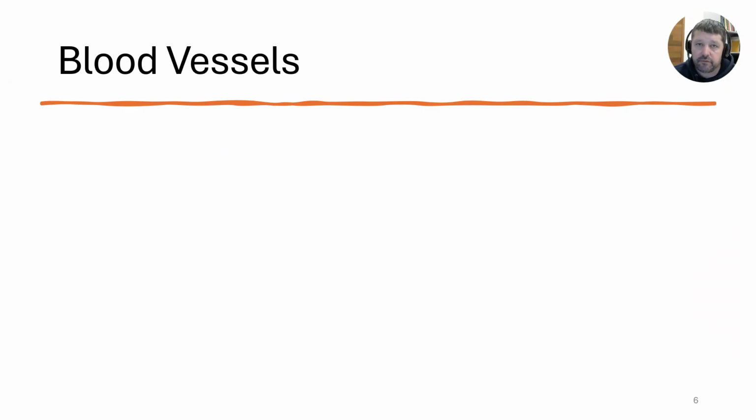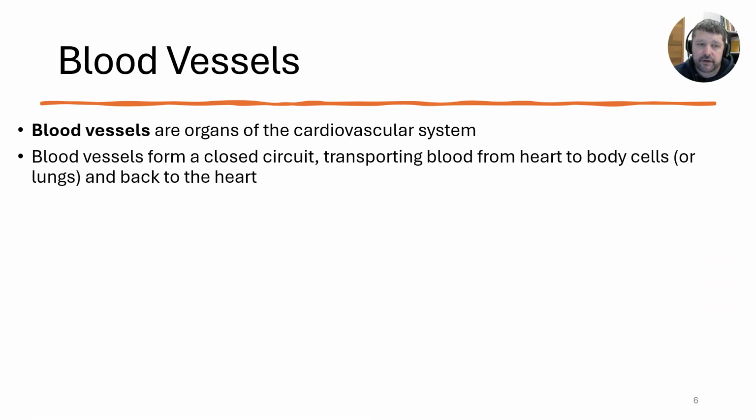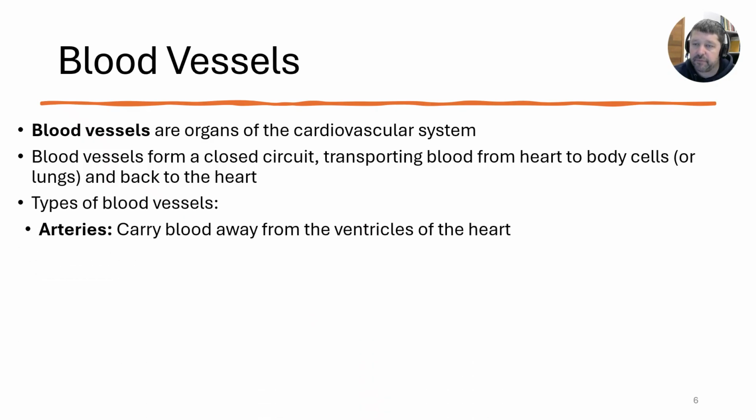All right, let's jump to blood vessels real quick. Hey, most of this is going to be kind of review because we've dealt with it in the lab quite a bit. Blood vessels, these are the tubes, these are the organs that transport blood from heart to body cells, back to heart, etc. Closed circuit system, and it's made of two main blood vessel types.